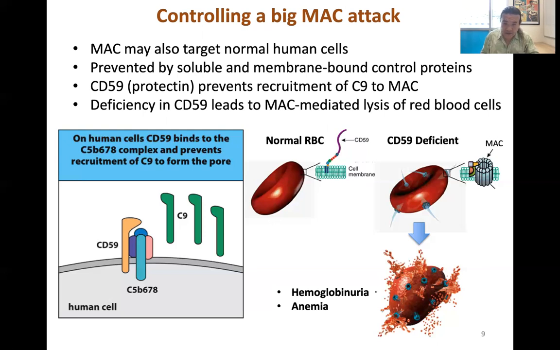Another situation where CD59 comes into play is cancer. Towards the end of the semester, we'll talk about cancer. But cancer involves cells of your own body mutating, getting defects in certain genes that, simply by chance, result in the production of different proteins or the complete loss of certain proteins that end up allowing a cancer cell to continue functioning.